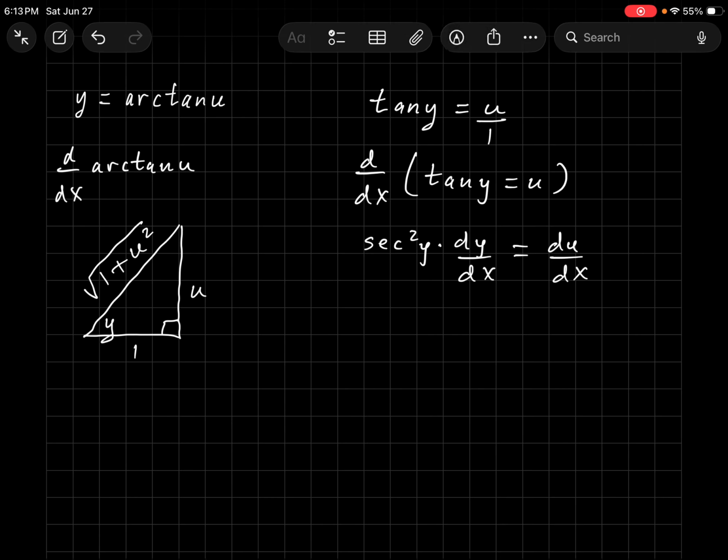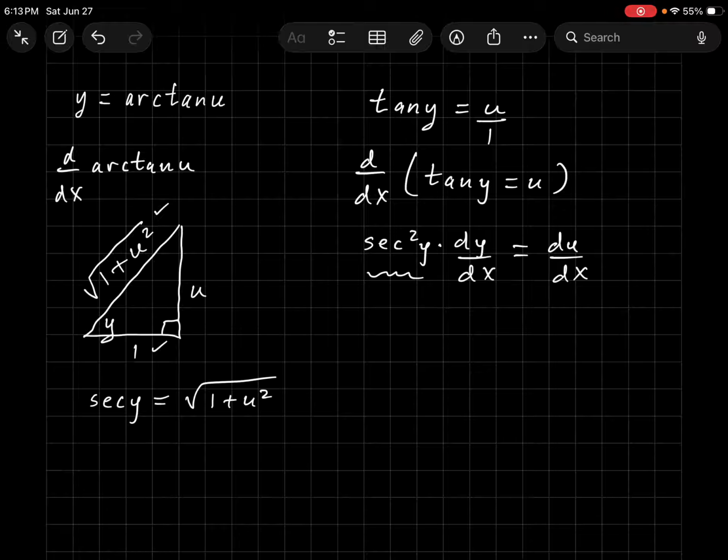Now, we need to find what the secant of y and the secant squared of y equals. Well, the secant of y is the hypotenuse over adjacent. So the secant of y is root 1 plus u squared.